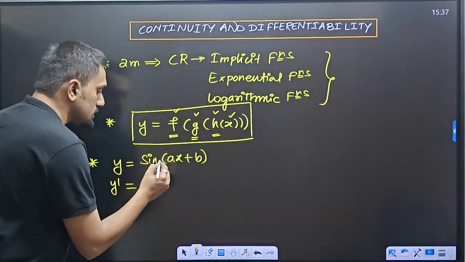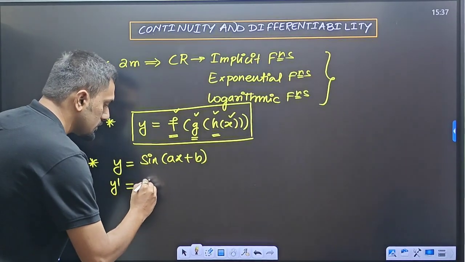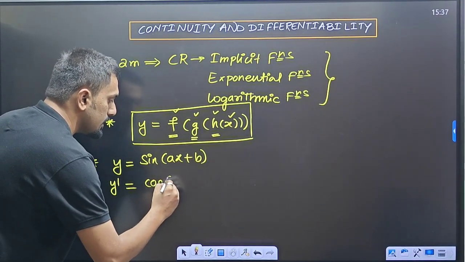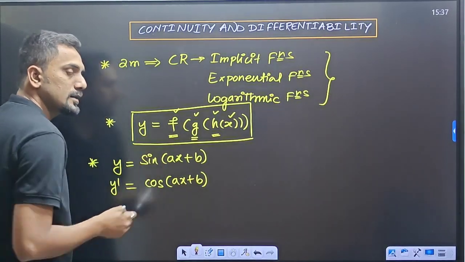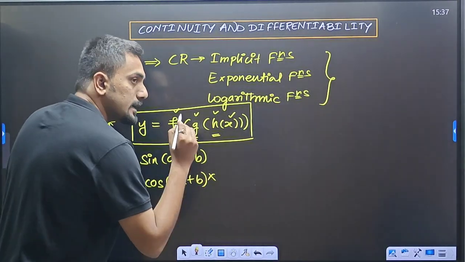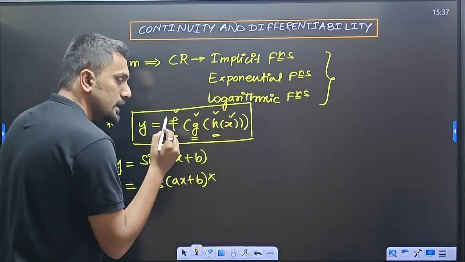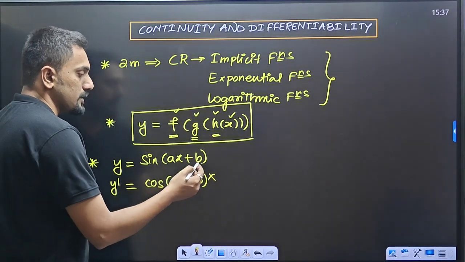What is the outermost function here? Sine. The derivative of sine x is cos of x. In the place of x, what is here? ax plus b. ax plus b has to be kept as it is. In the place of x we have ax plus b, and that has to be differentiated and multiplied with this function.